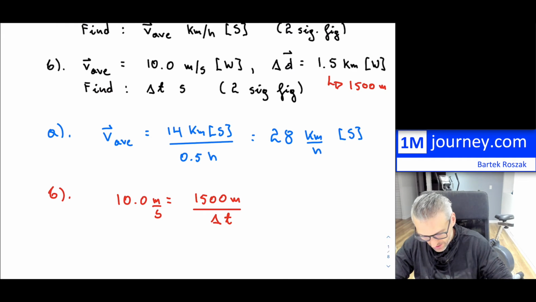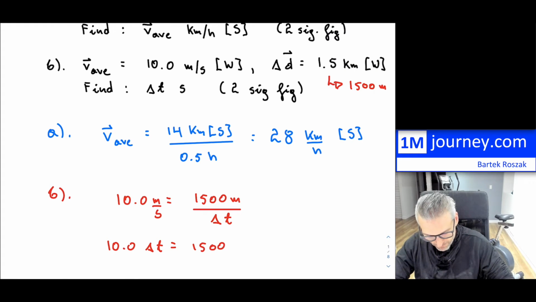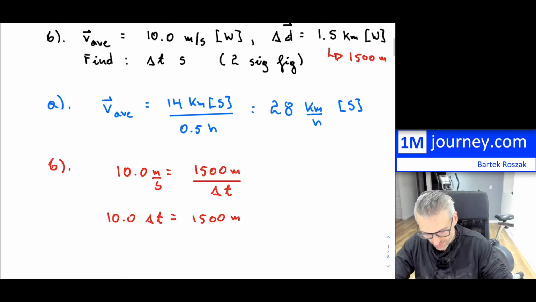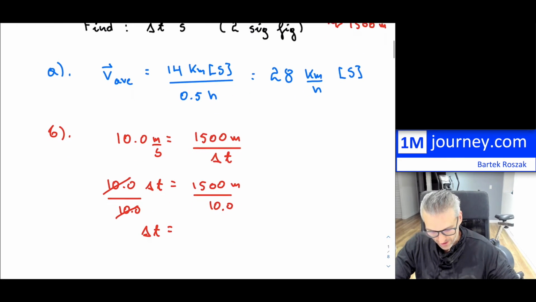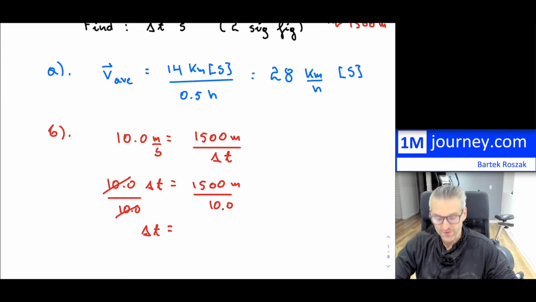And what we will have is 10 meters per second times delta t equals 1,500 meters. Now, dividing both sides by the 10 meters per second, that gets rid of this and just leaves me with delta t remaining there. All right, so now notice, it's going to be 1,500 divided by 10, which is 150.